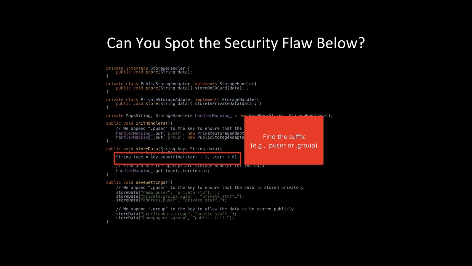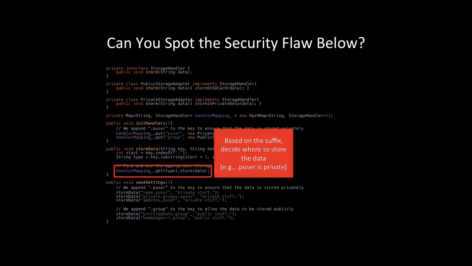The idea behind this is that any key that has .puser on it is going to be assumed to be private data, and any key that has .group on the end of it is going to be assumed to be public data. Then based on these suffixes that are being attached to the keys, the code is looking up the appropriate handler and delegating to it by calling the store method. So it's looking up the handler in this map using that type.